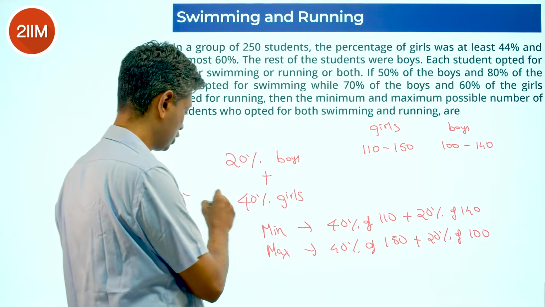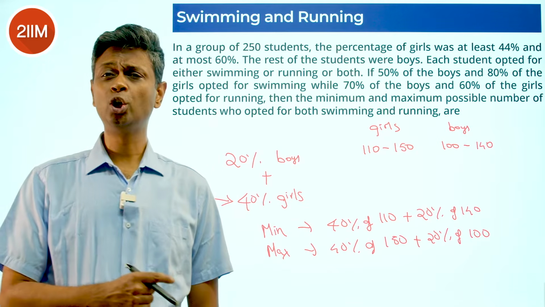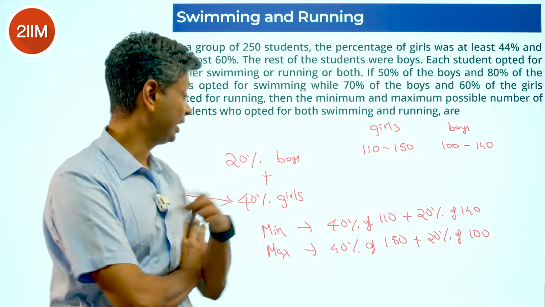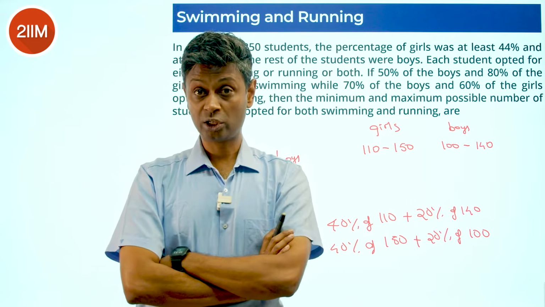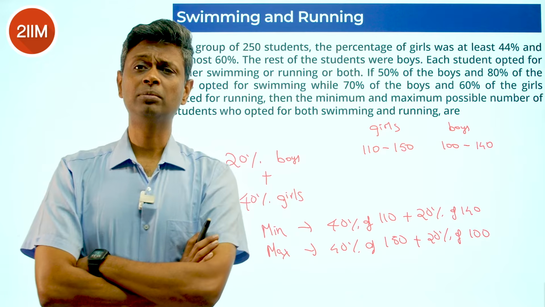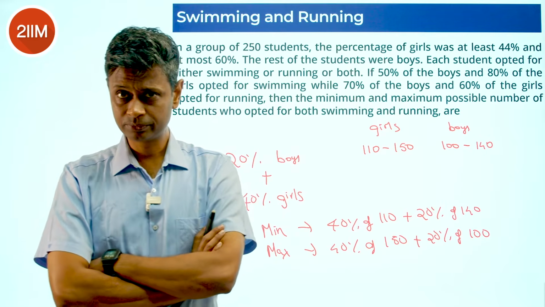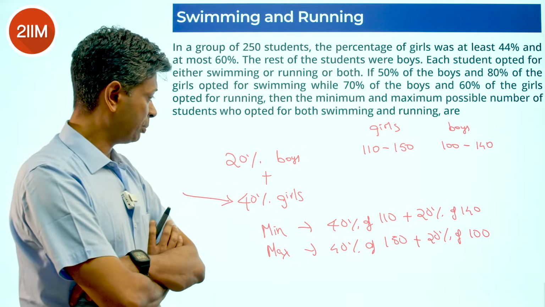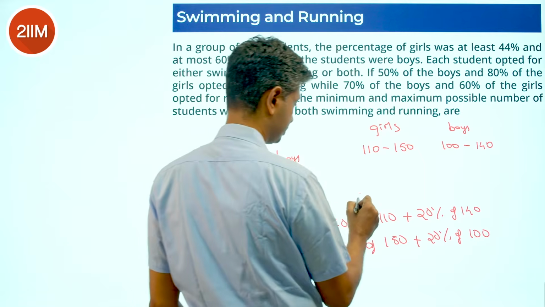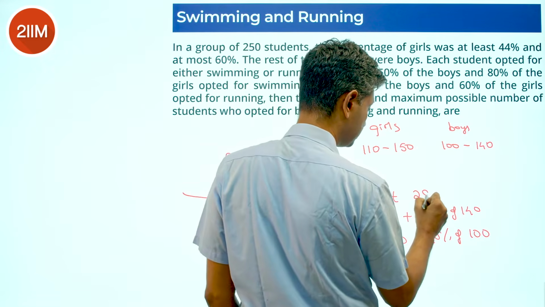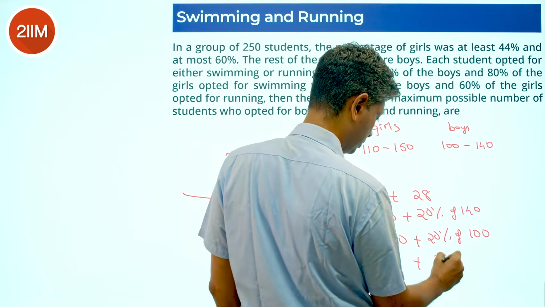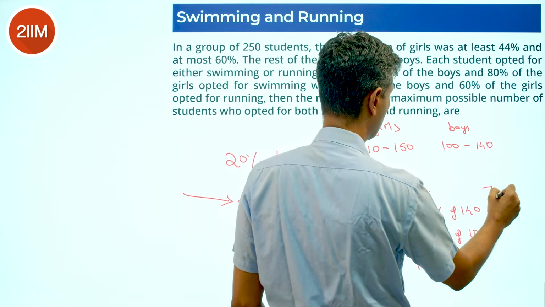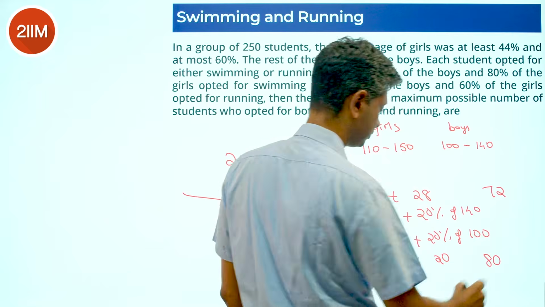This weightage is so clearly noticeably higher than this that if I want minimum, number of girls should be as low as possible. If I want maximum, number of girls should be as high as possible. 40% of 110 is 44 plus 28. 40% of 150 is 60 plus 20. So minimum is 72, maximum is 80.